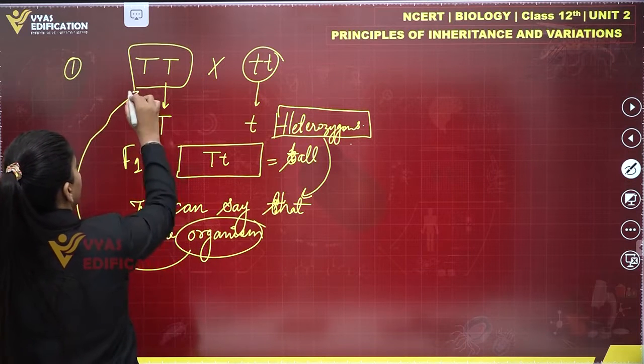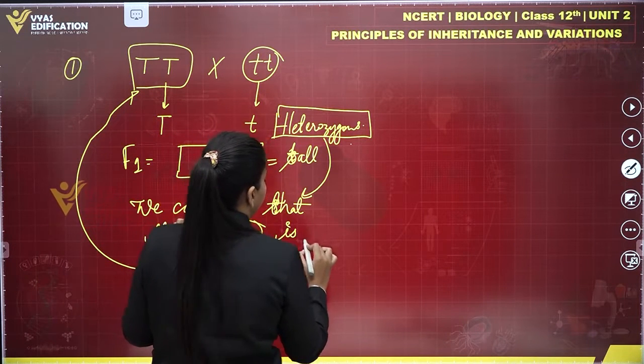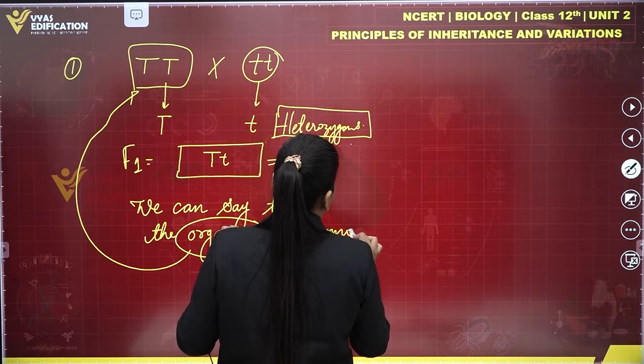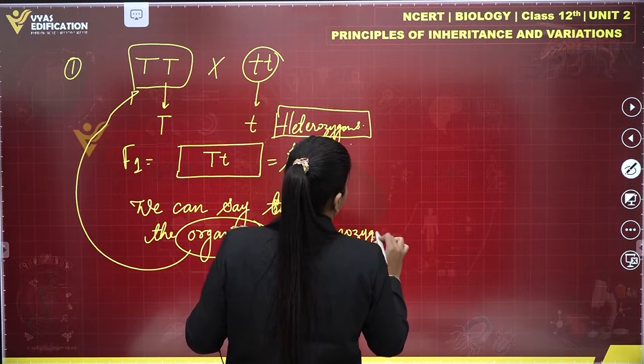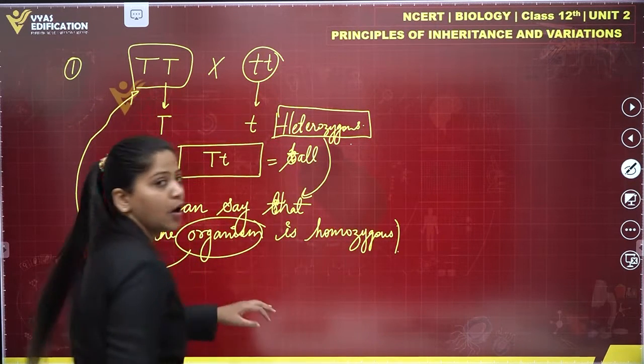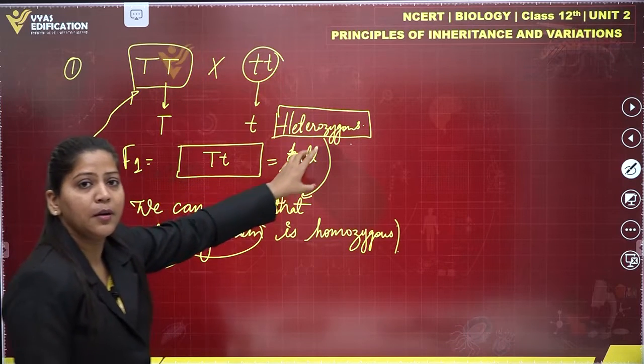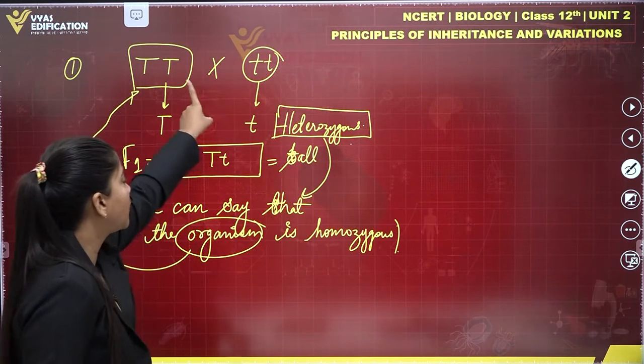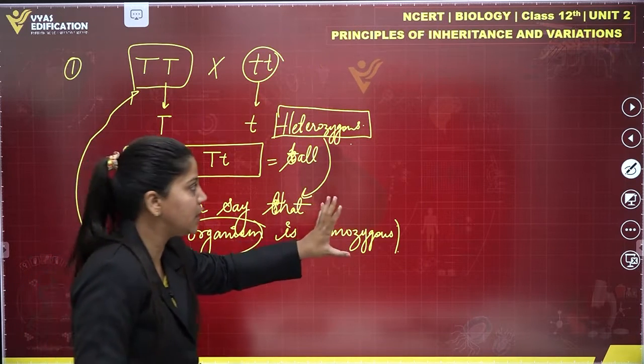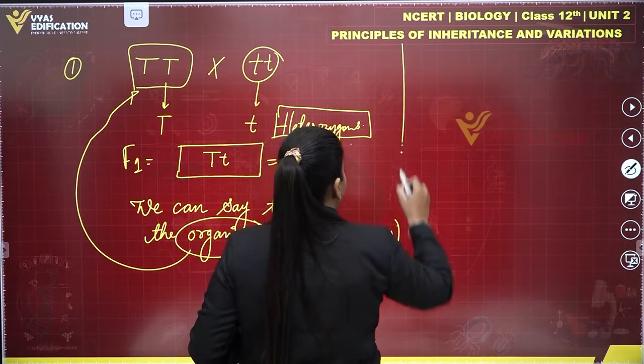This organism. The organism is homozygous. Alright. So by this conclusion we can say that the organism is homozygous in condition.